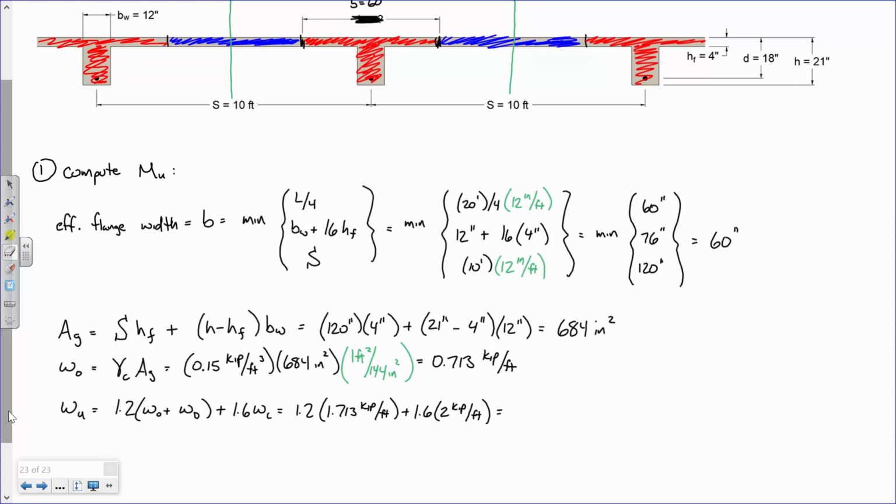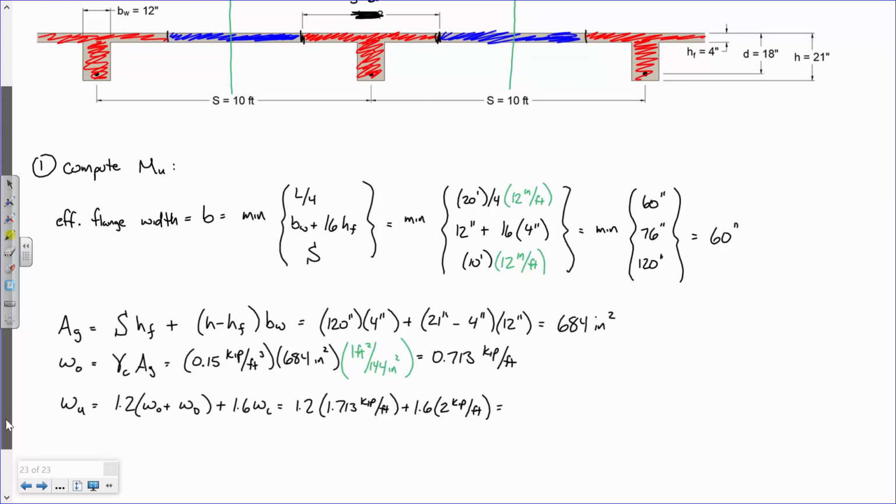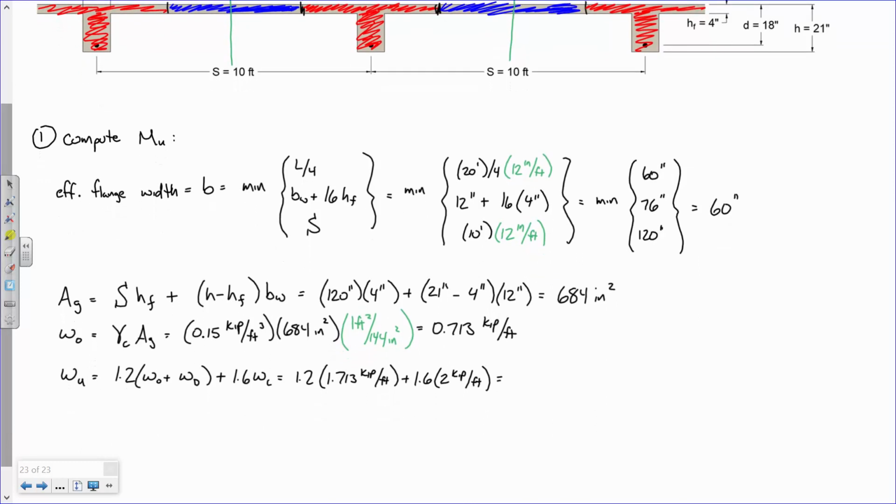And that equals what? And then MU is W times L, that's 5.26 kip per foot times, what was L? 20 foot.